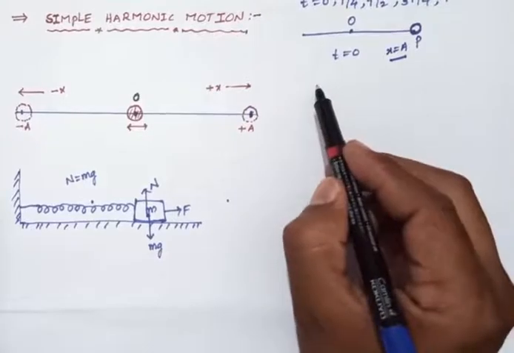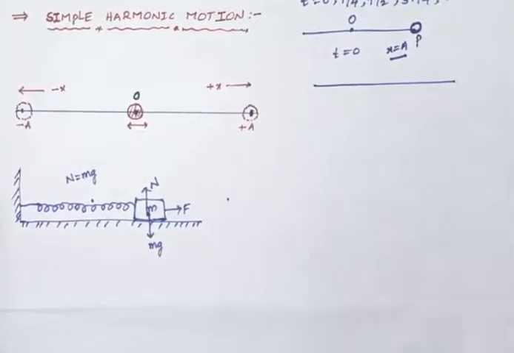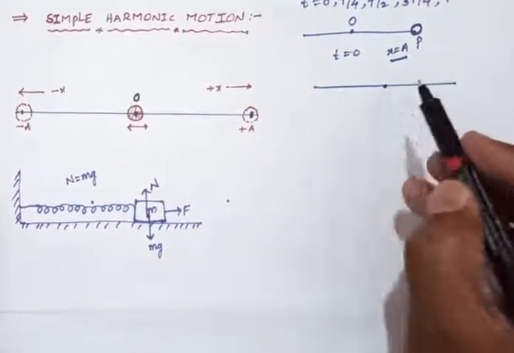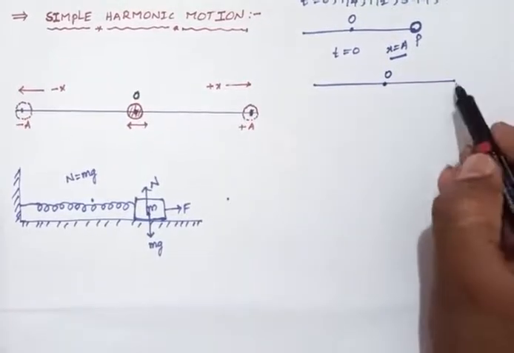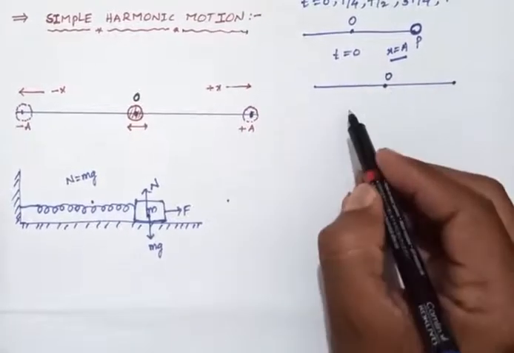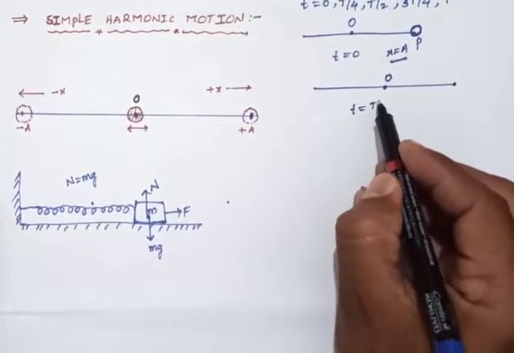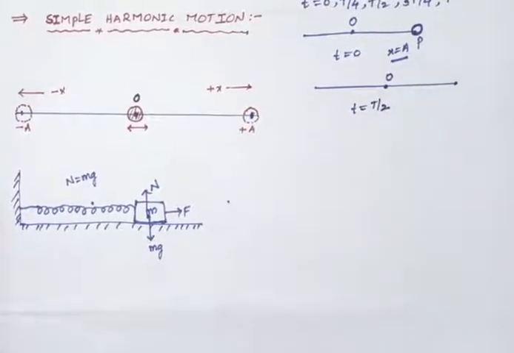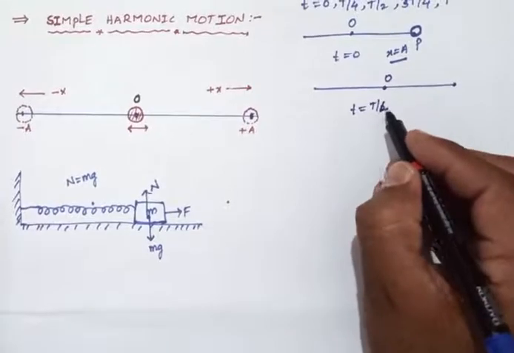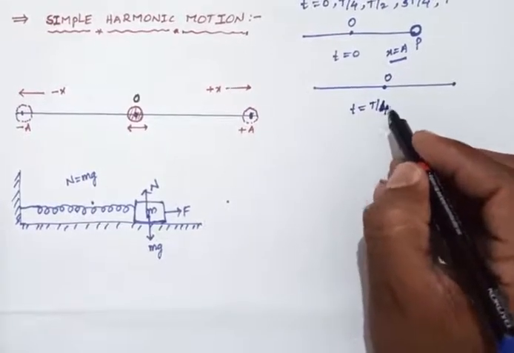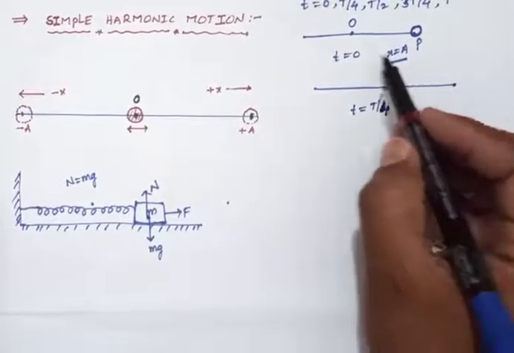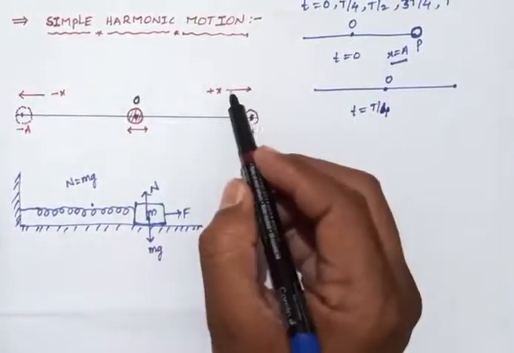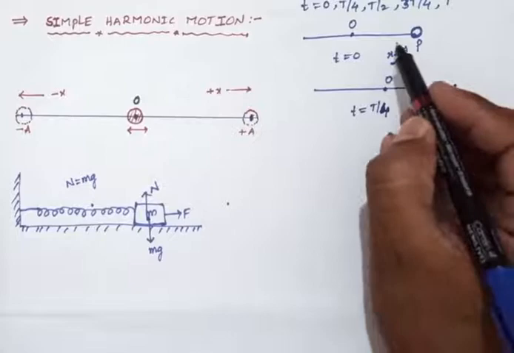For the second position, this is the mean position, O. At t equals T by 4, the particle moves in this direction.